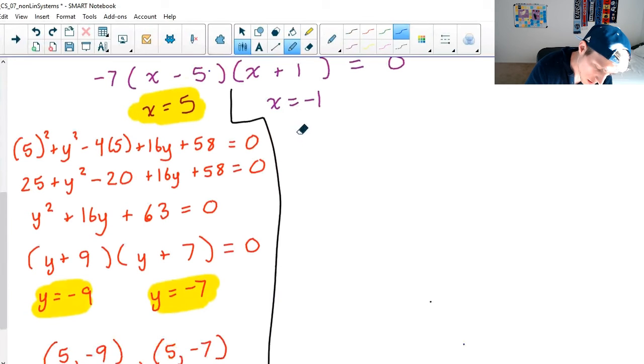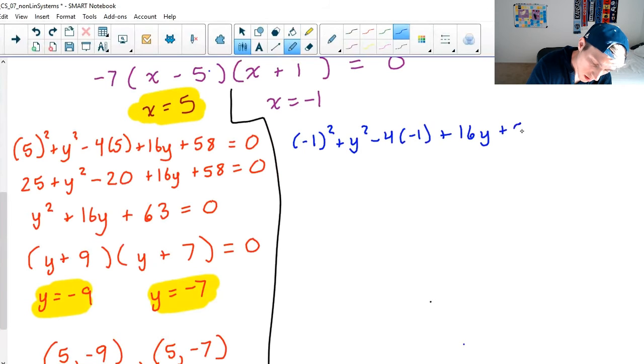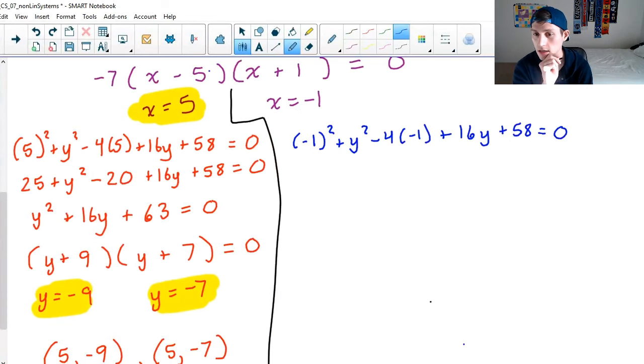So I'll go to my same equation, and now instead of plugging in 5, I'll plug in negative 1. So negative 1 squared plus y squared minus 4 times negative 1 plus 16y plus 58 equals 0.